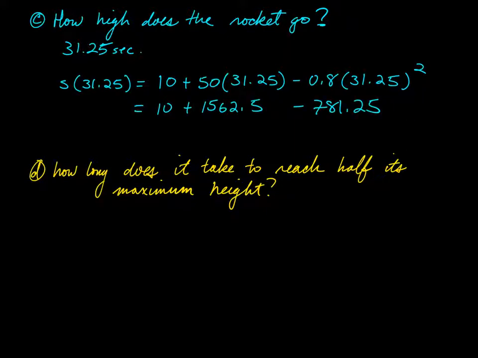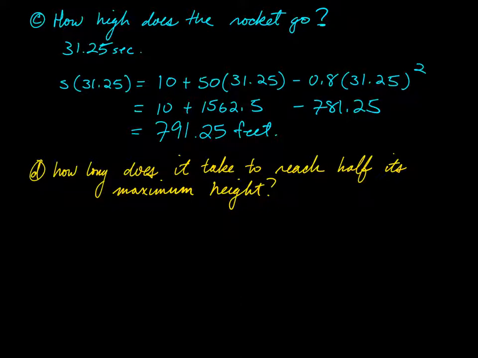After you simplify these products down, you get these couple of numbers here, and when you add them all together, you end up with 791.25 feet. As I believe was mentioned, feet is the unit.